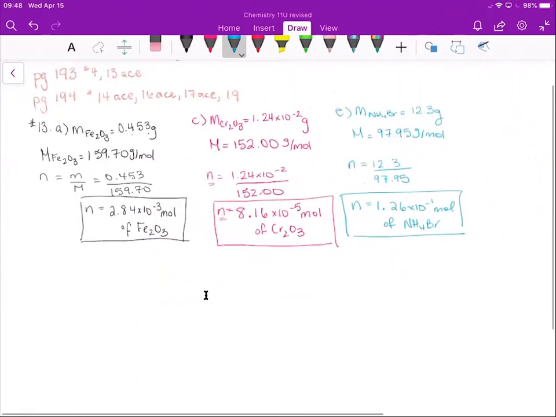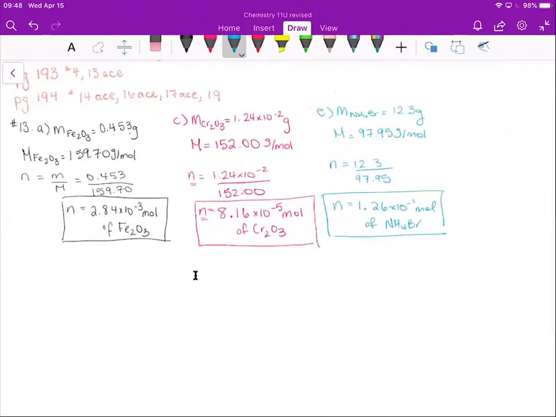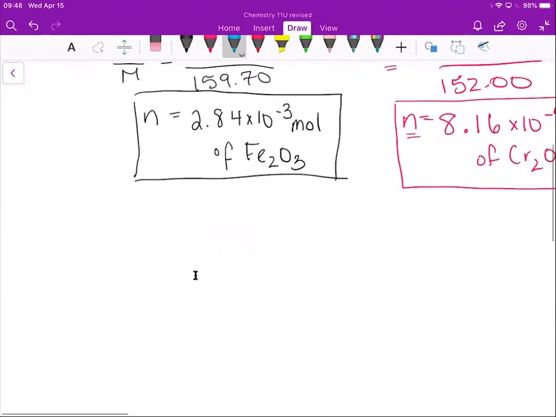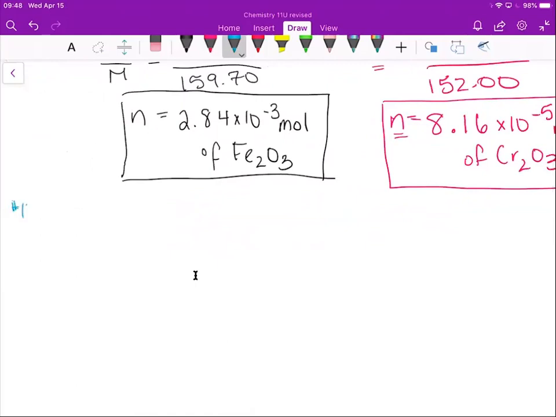Okay, so now we're moving on to number 14. And I guess I'll do my color coding backwards. Number 14A: convert each quantity to the amount of moles. That's so easy because all we're using is Avogadro's number.